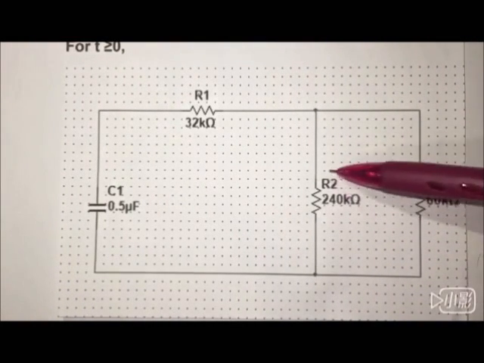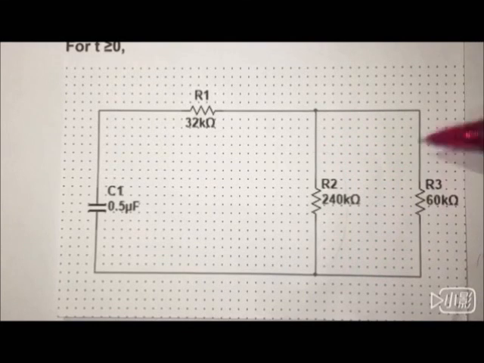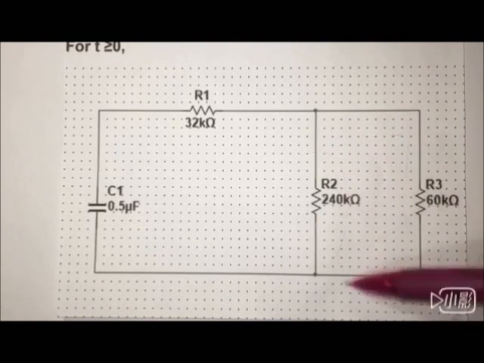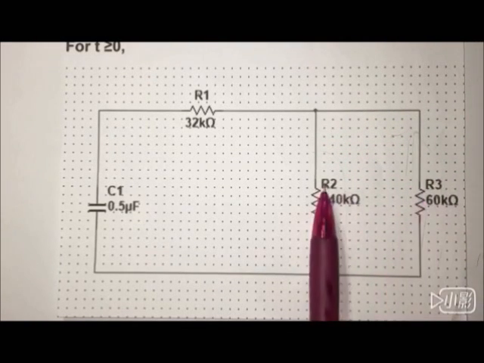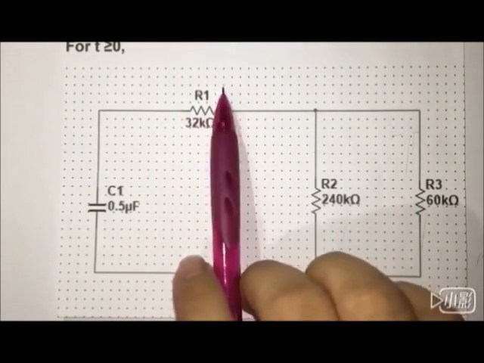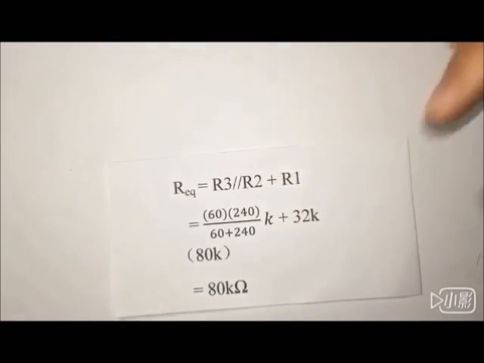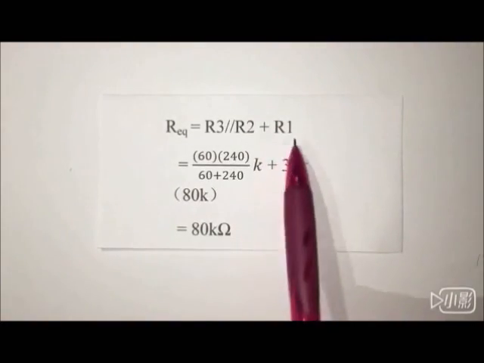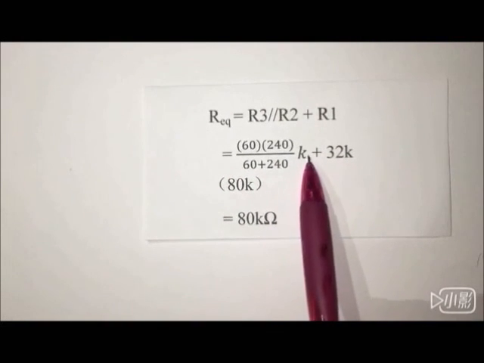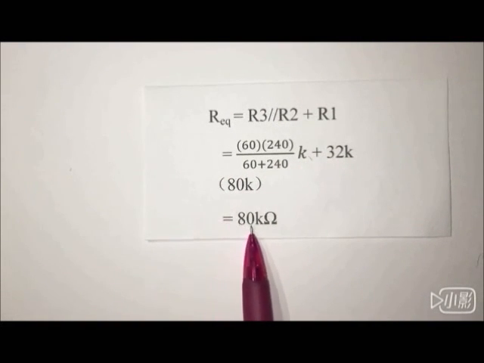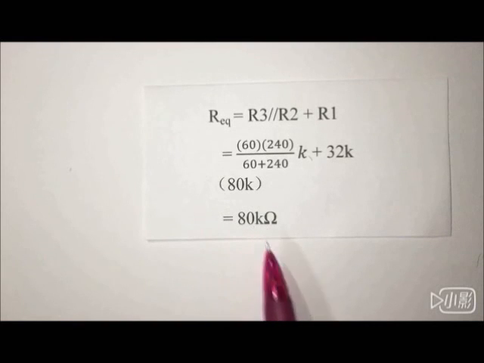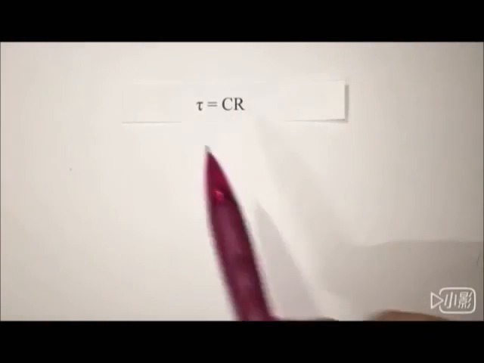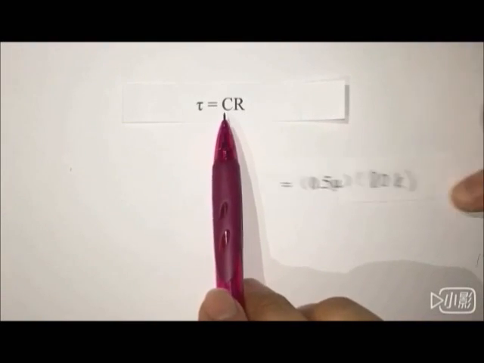Now we see R2 and R3 are in parallel. So we combine the two resistors and combine R1 to get the equivalent resistance. From the formula, we get R equivalent equal to 80 kilo ohm. Now, tau is equal to CR.